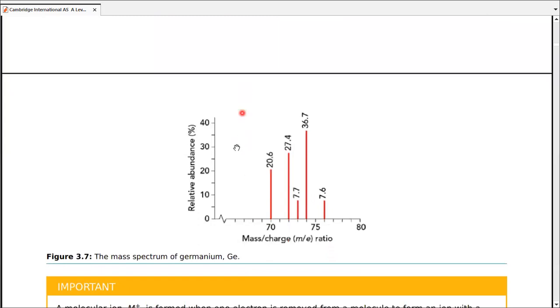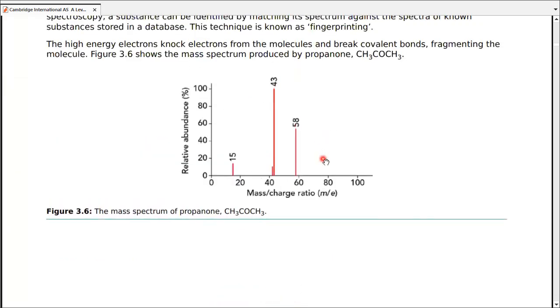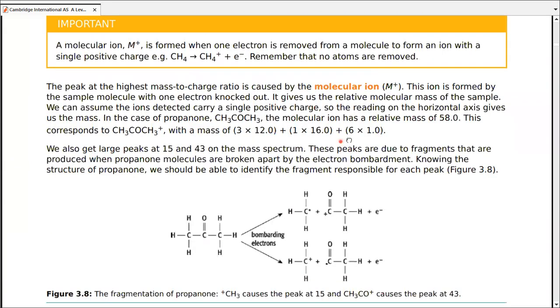Now, they have compared it with the mass spectrum of germanium. Remember, this is different from the previous one. These are isotopes, different possible isotopes. This is fragmentation, the breakdown of covalent compounds, organic compounds in this specific case. So what do they break down into?